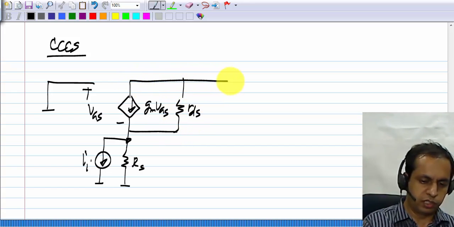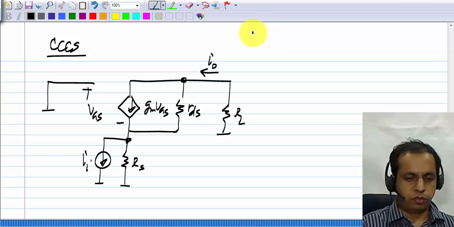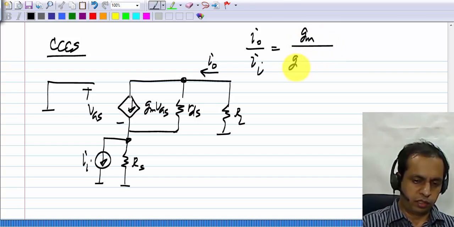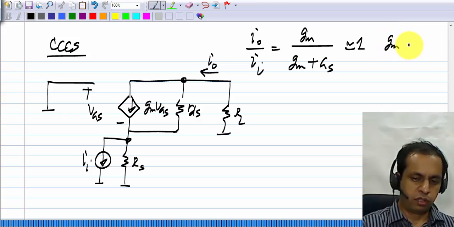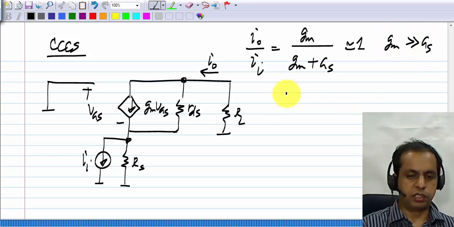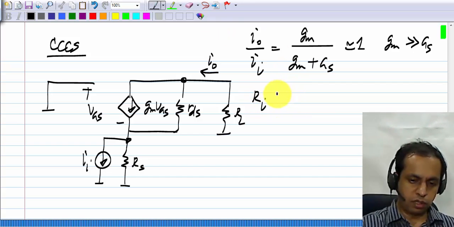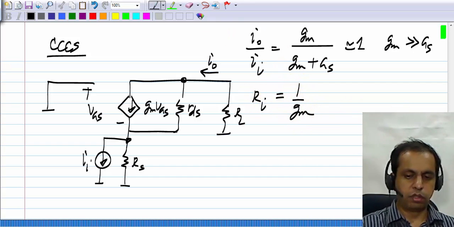This is RDS and we have RL. This is the output current. What we have calculated so far is that I0 by II equals GM by GM plus GS, approximately equal to 1 if GM is much greater than GS, and the input resistance Ri is equal to 1 by GM.